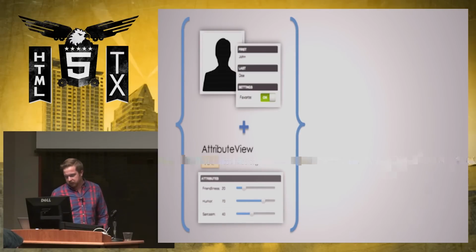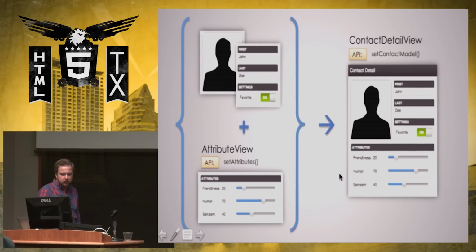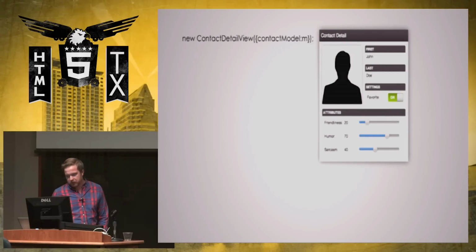And then let's say we had another one, which was for a contact. Combine it with the attribute view, and we've got a contact detail view. And we could easily create those by passing in some data, say a model representing that contact and all the information associated with it.